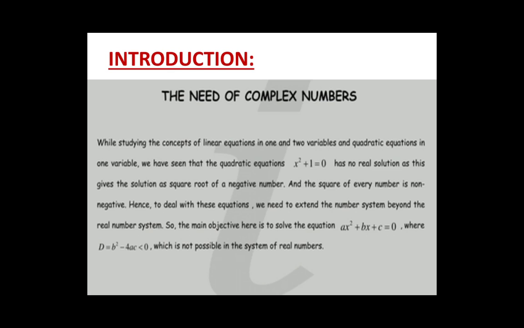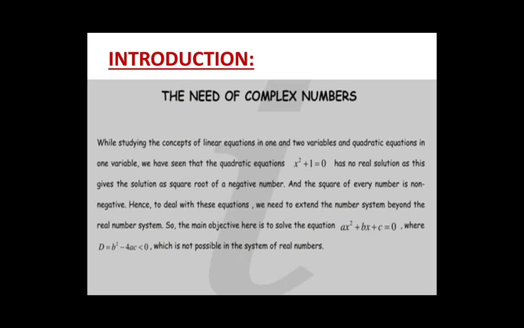While studying the concept of linear equations in 1 and 2 variables and quadratic equations in 1 variable, we have seen that the quadratic equation x square plus 1 equal to 0 has no real solution, as this gives the solution as square root of a negative number, and the square of every number is non-negative.